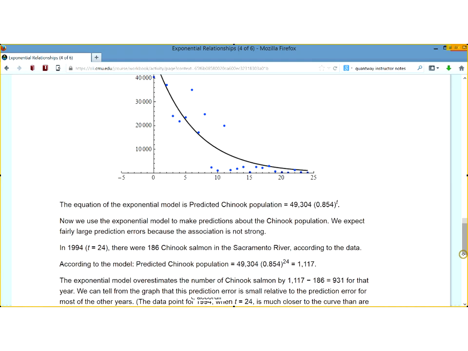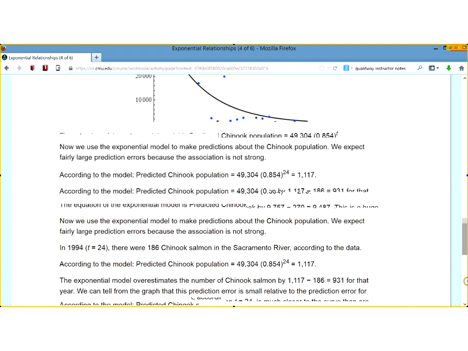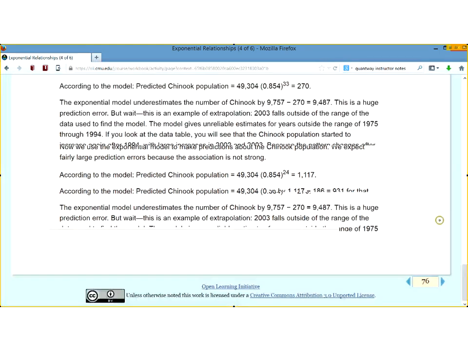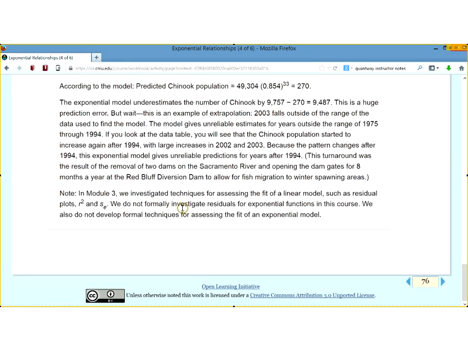All right, so let's scroll down, and then they plug in some numbers. You can do that. We did an example of that. And it says we're not formally going to investigate residuals for the exponential, and we're not going to develop formal techniques for assessing the fit of an exponential model.